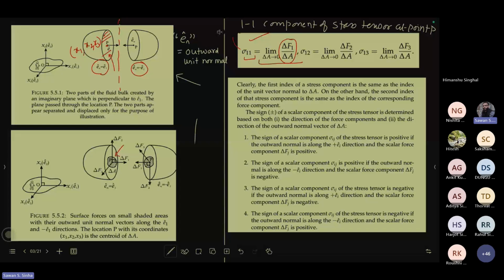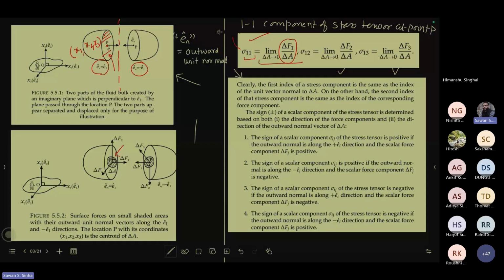Sigma 1 2, the 1 2 component is defined in this manner, and sigma 1 3 is defined in this manner. So with same delta A, I get definitions of 3 of the relevant components of the stress tensor at point P. I have written some points here.